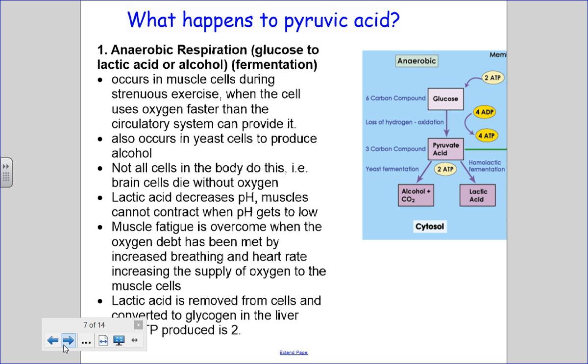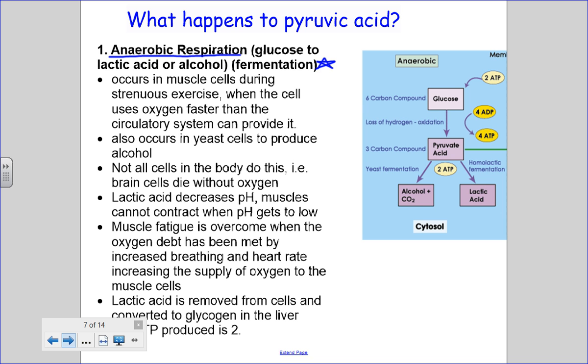So, the first possibility for what happens to pyruvic acid is anaerobic respiration. Now, anaerobic respiration, I'm grouping together with fermentation. If you recall the other day, fermentation was its own category.